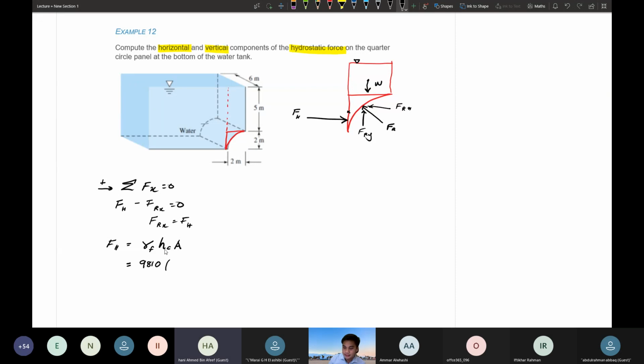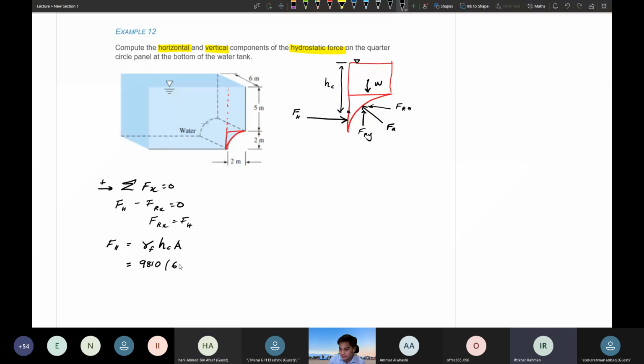This is the centroid height, the height from the surface to the centroid. So from here to here is hC. What's the value of hC, everyone? 6 meters.